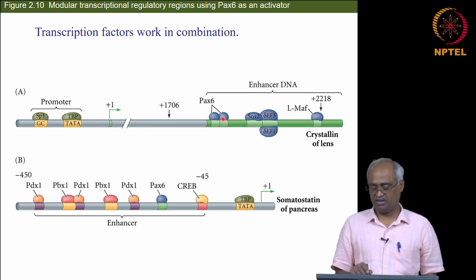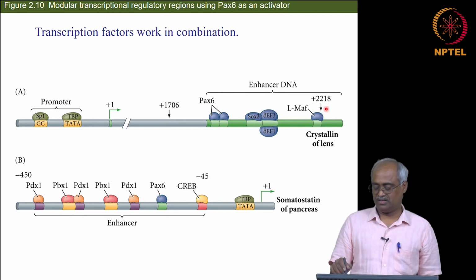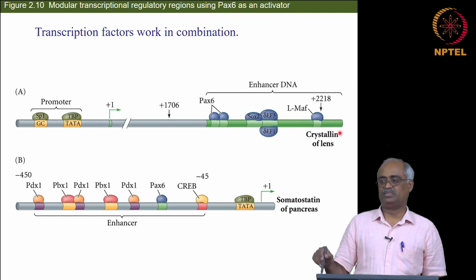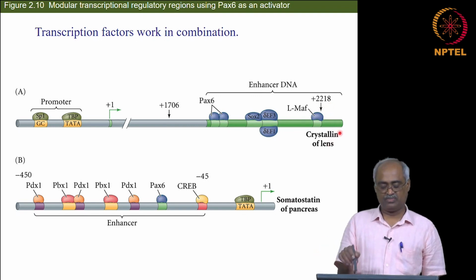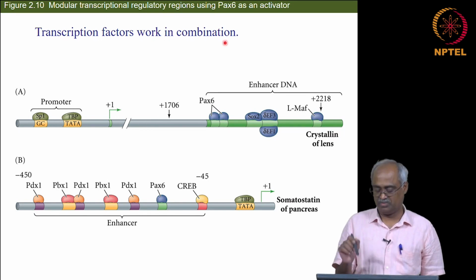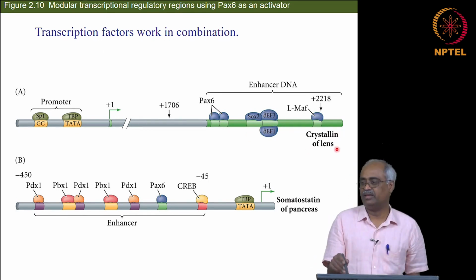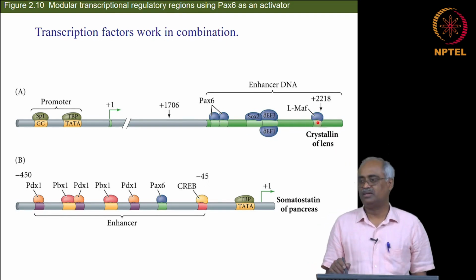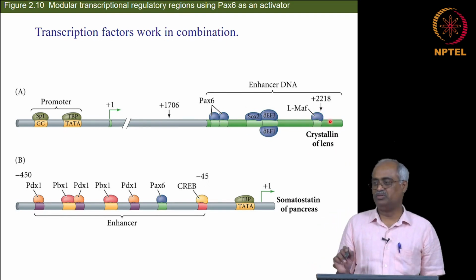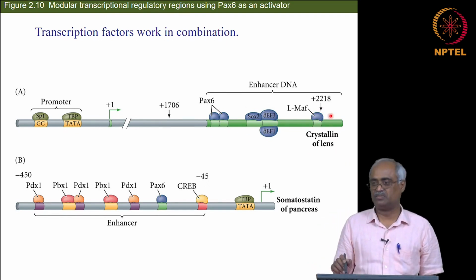It has to have a combination of SOX2 as well as LMAF. Only when all 3 are present, this crystallin will be expressed in the lens. This combination of transcription factors is required, okay. That is why we say transcription factors work in combination, and these other proteins shown here aid in the interaction among these 3 transcription factors when bound to this promoter region.